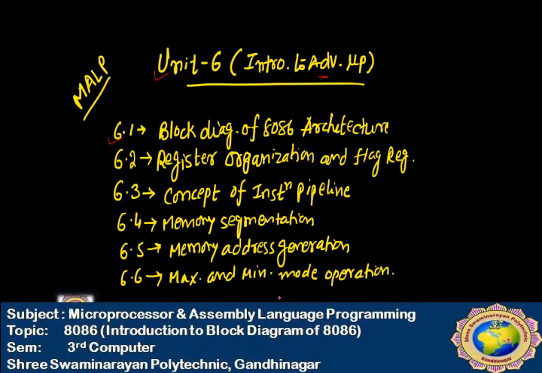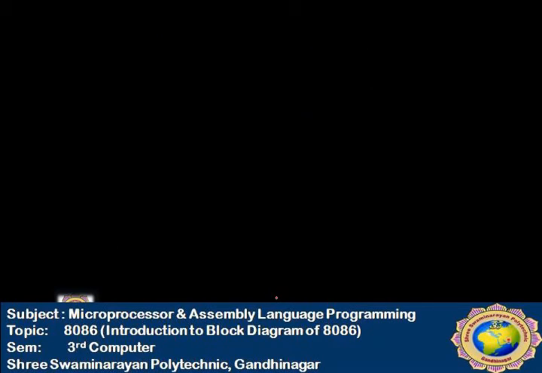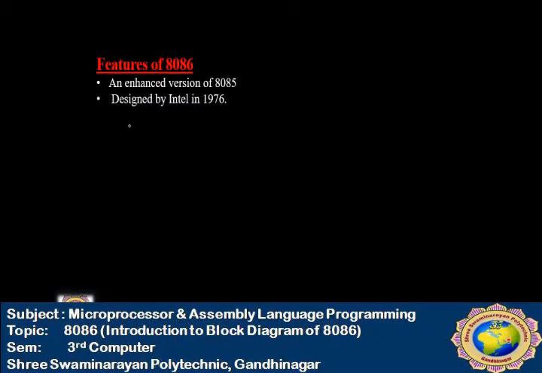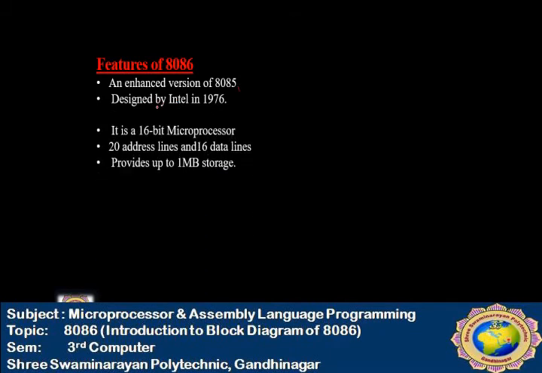So let's start with the 8086 features. The 8086 is the enhanced version of the 8085 and was designed by Intel in 1976. It is a 16-bit microprocessor. Remember this, as it will help in the comparison with the 8085.